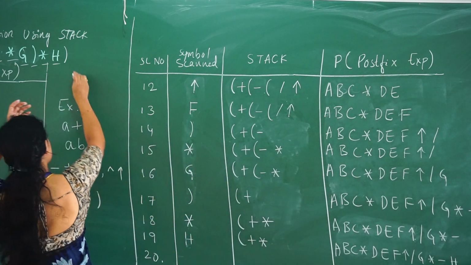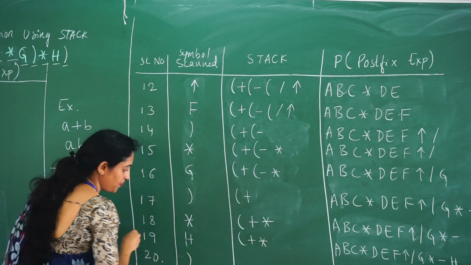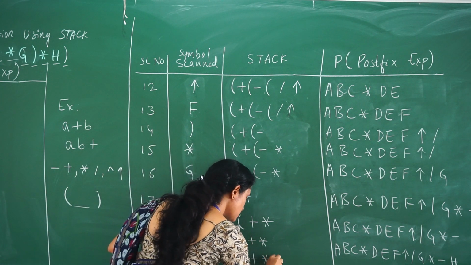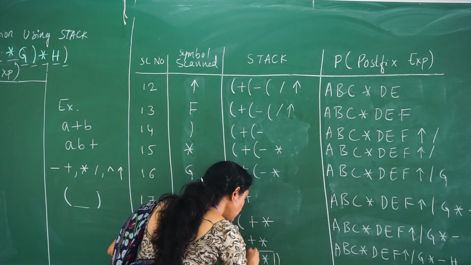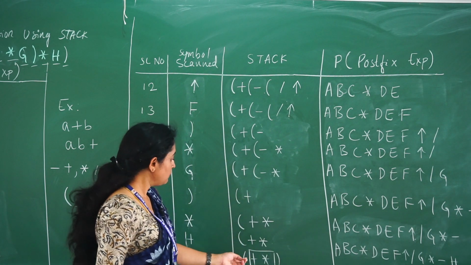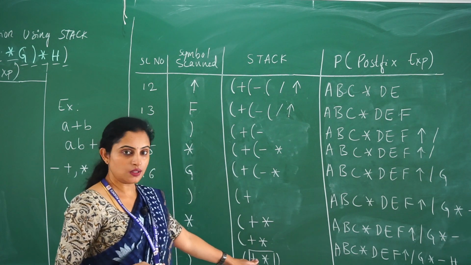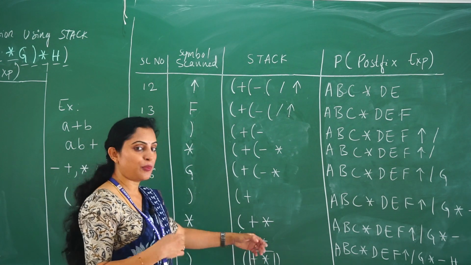So the next scanned symbol is the right parenthesis. When the right parenthesis is encountered, we have to pop out all the operators between the left and right parenthesis. We have two operators here, plus and asterisk. Let's pop them one by one.